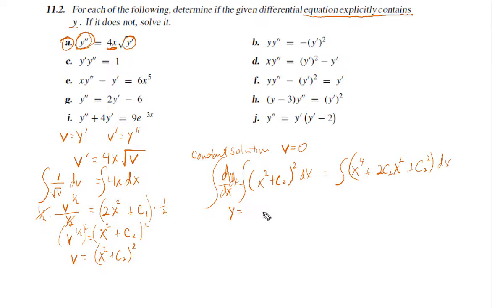So the integral of that would be x to the 5 over 5, and 2 constant, and then x cubed over 3. And then the c2 squared times x, and then this new constant of integration. We'll call it c3.